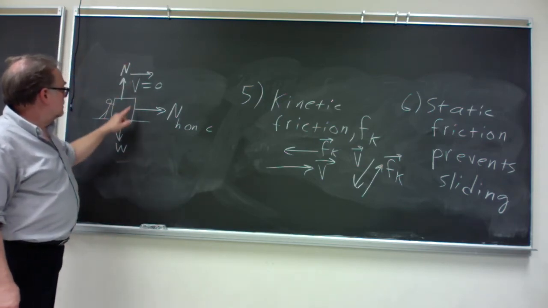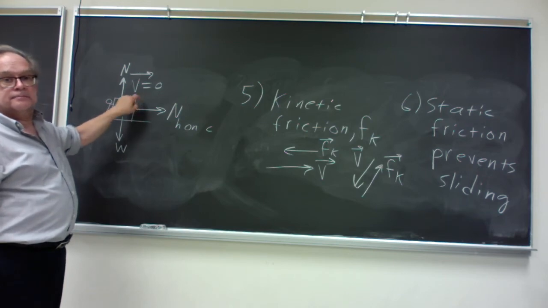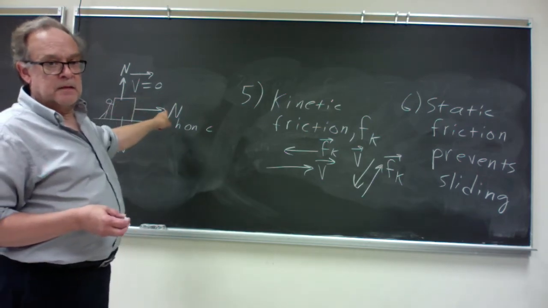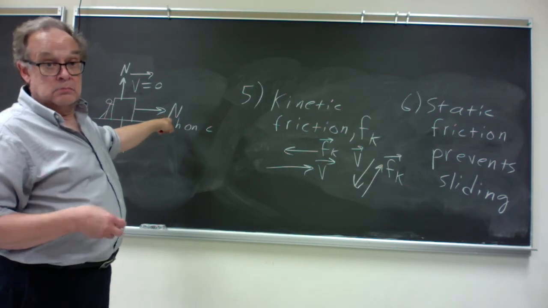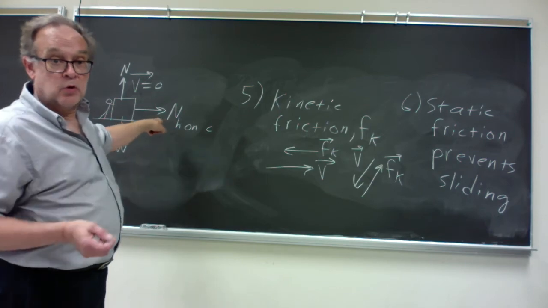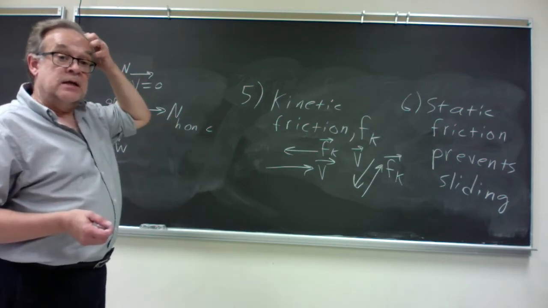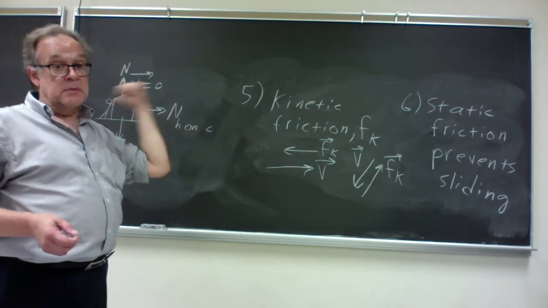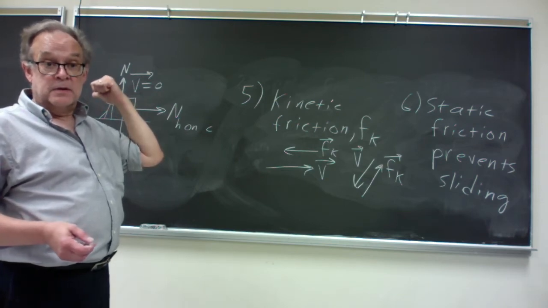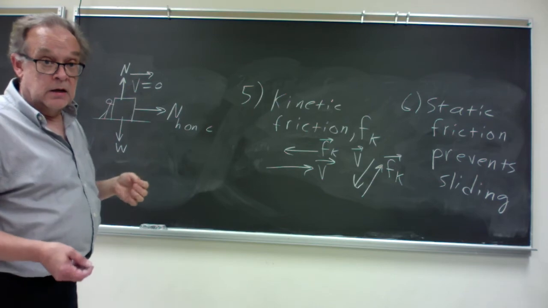Well, the crate is not moving because this force here, which would make it start moving, would make it accelerate in the forward direction, isn't able to do that because there must be some other force canceling it out. That other force is static friction.